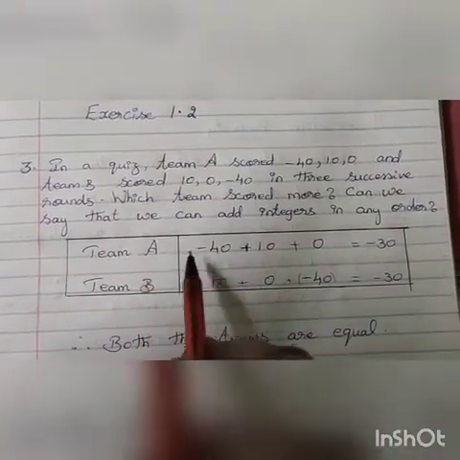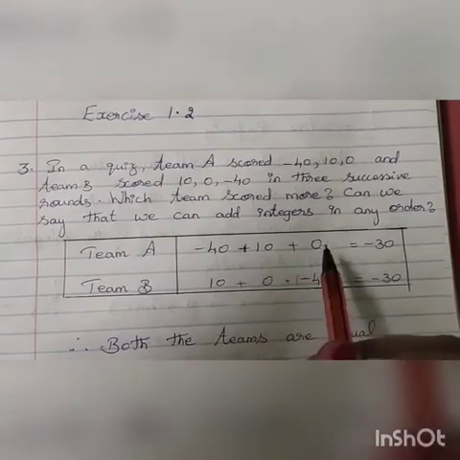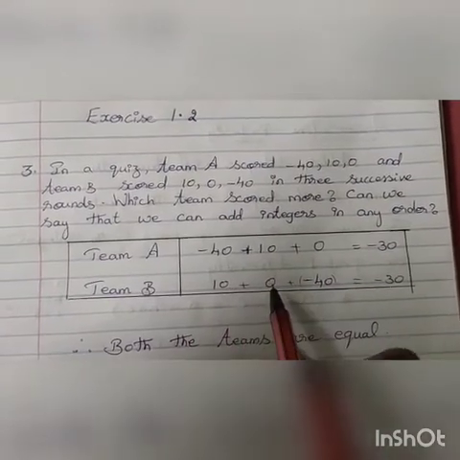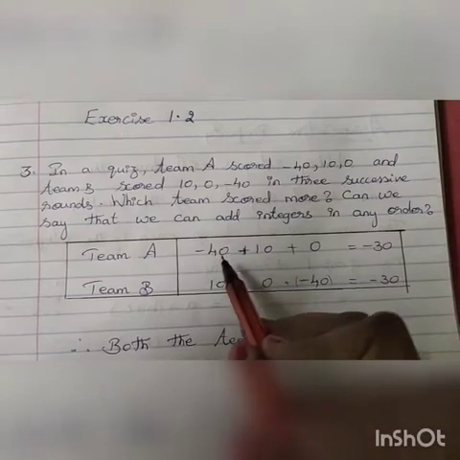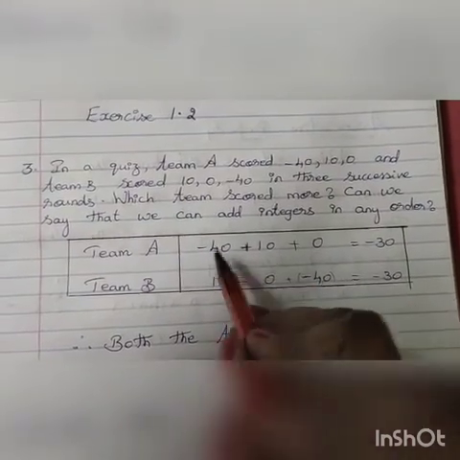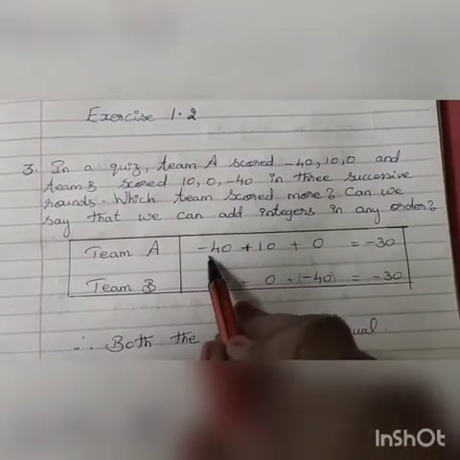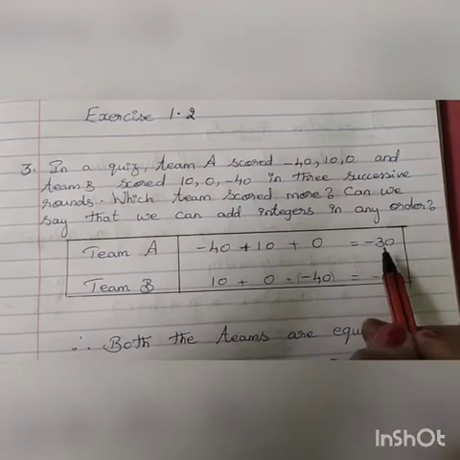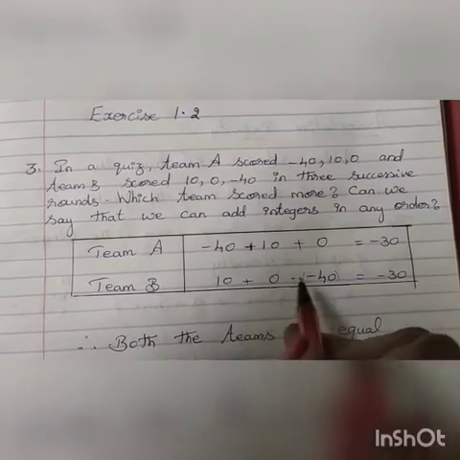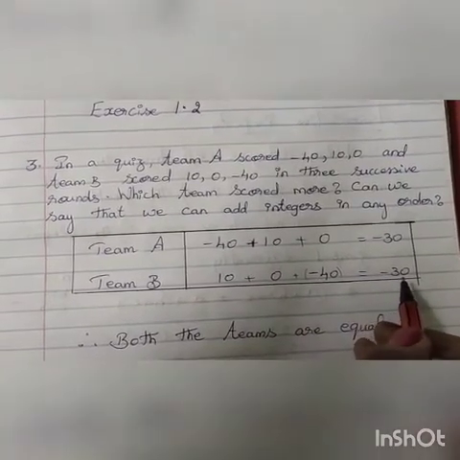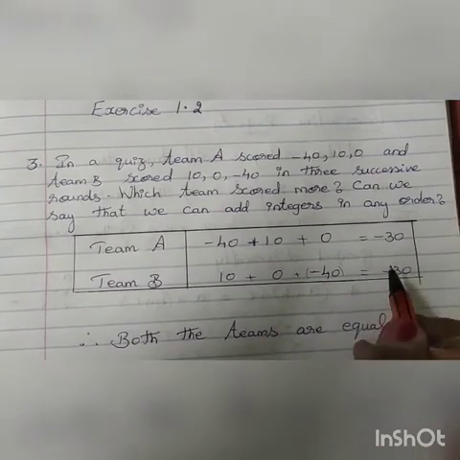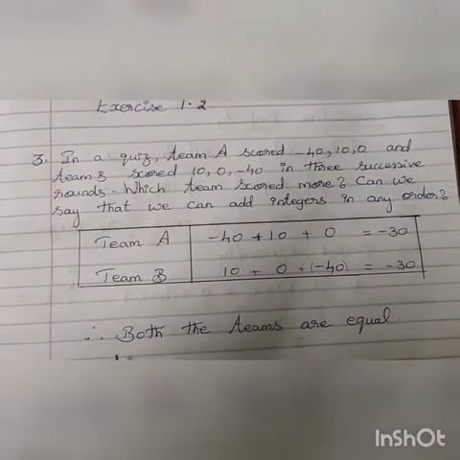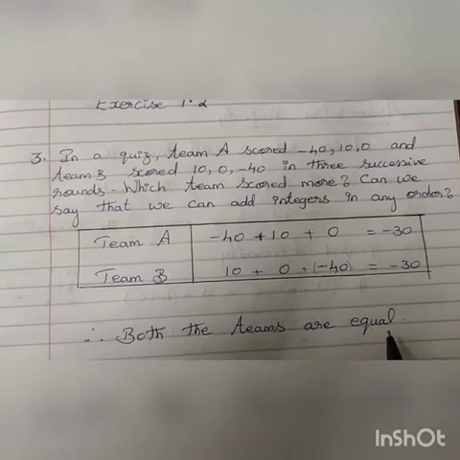See, team A has scored minus 40, 10, 0 and team B is 10, 0, minus 40. If I am adding this, I am getting minus 30. Minus 40 plus 10 will give minus 30. The same way 10 and minus 40 gives minus 30. So both are equal. So we should say both the teams are equal.